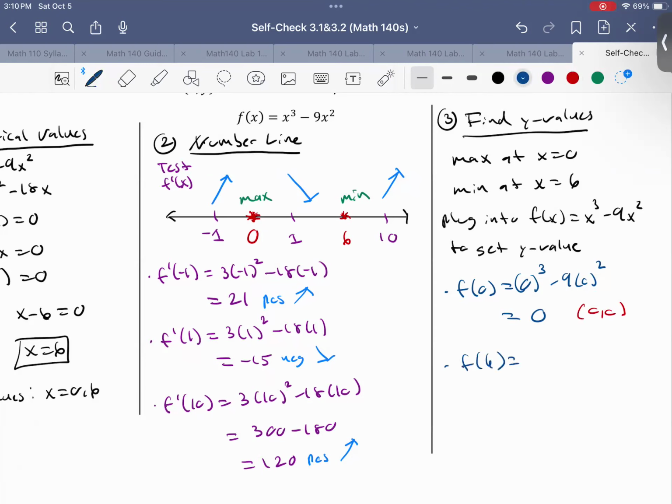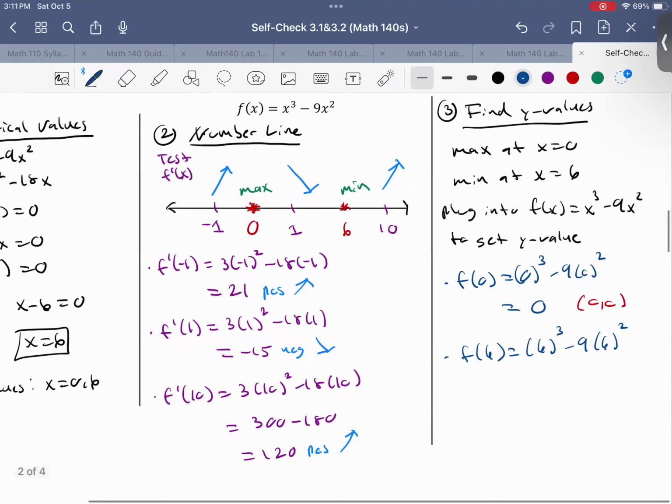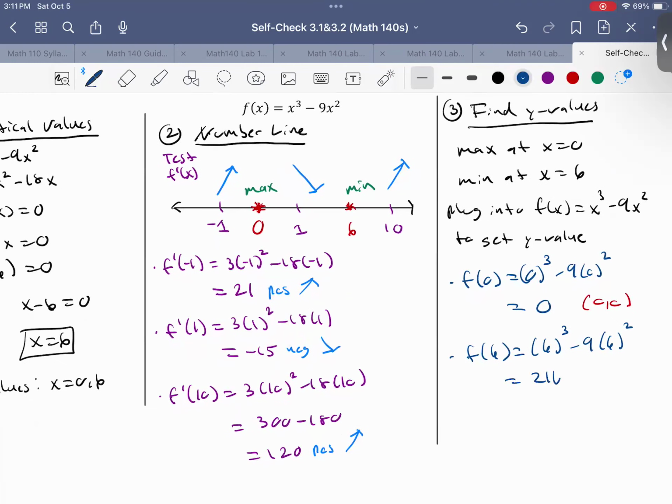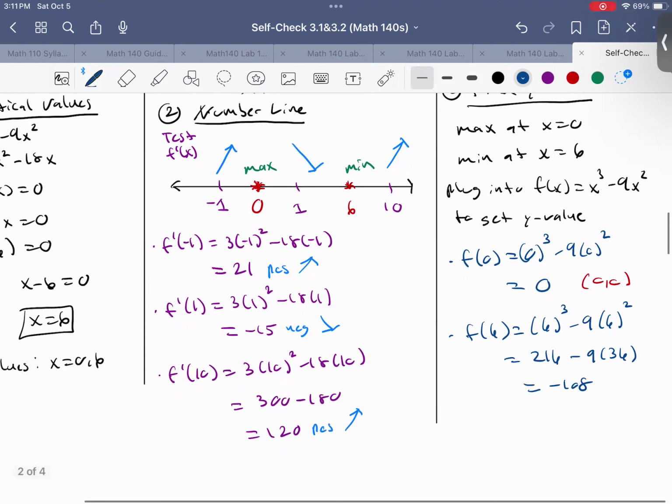So I'm going to plug 6 into f of x. So this becomes 216 minus 9 times 36, which ends up being negative 108. So this is the coordinate point 6, negative 108.